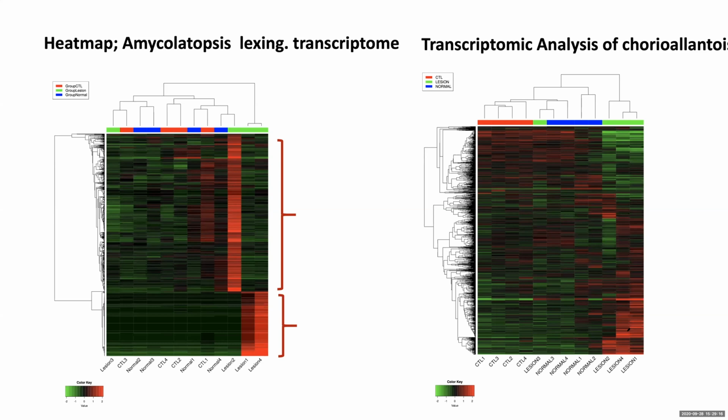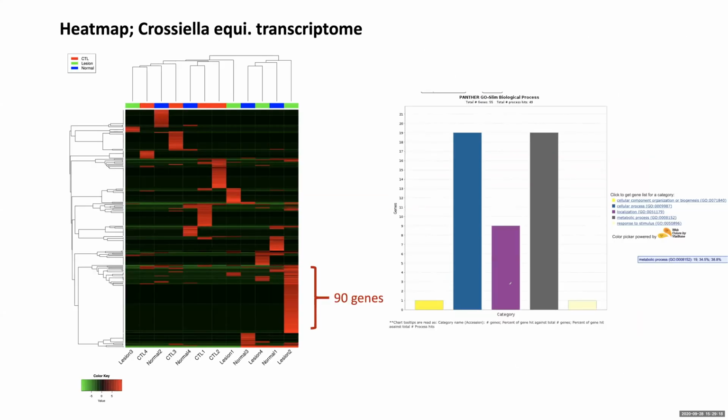The other thing that we did is look at the gene expression of Klebsiella in those samples. Again, only lesion 2, which was clustering separately from the other lesion samples, had a high expression of certain genes from Klebsiella.